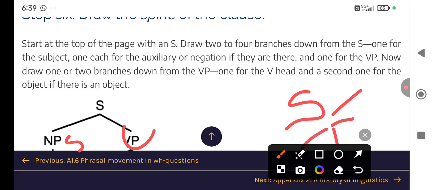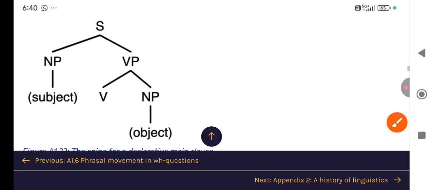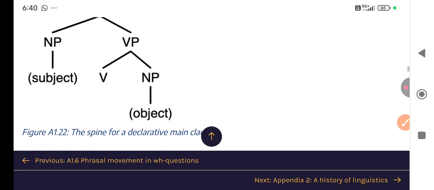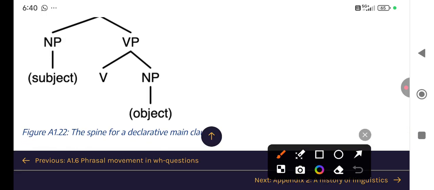Okay, now draw one or two branches down from the VP, one for V and the second one for the object if there is an object. How? We'll see. This is the spine, right? For declarative main verb clause.